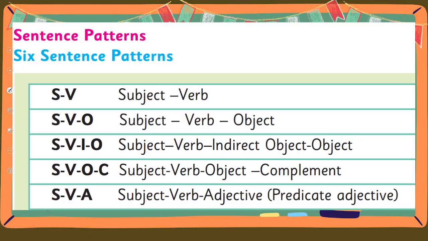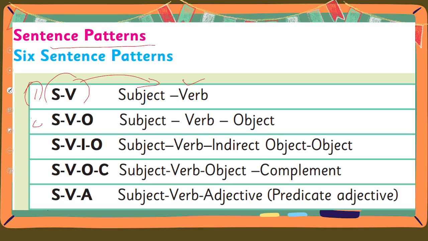So these are some basic patterns. First one, we have SV. It is subject and verb. So any sentence that includes a subject and a verb is following the pattern SV.